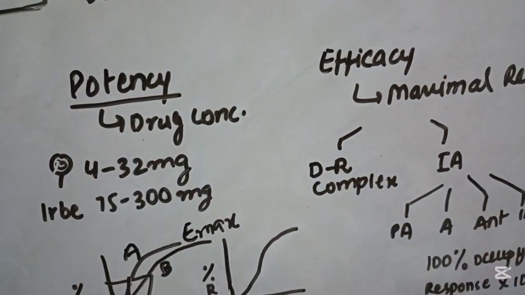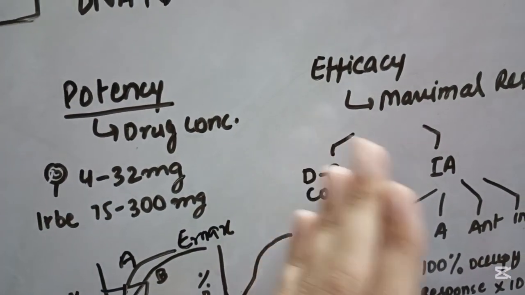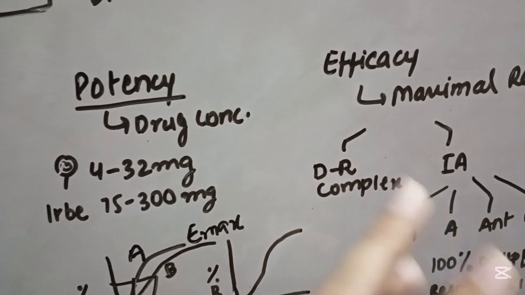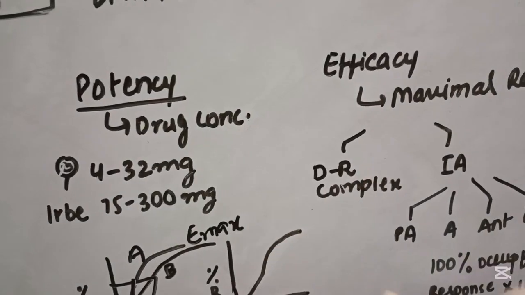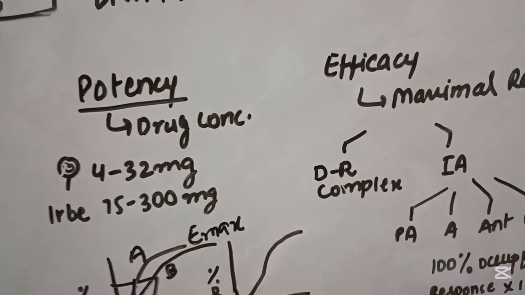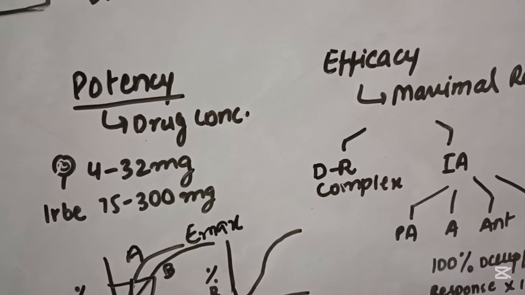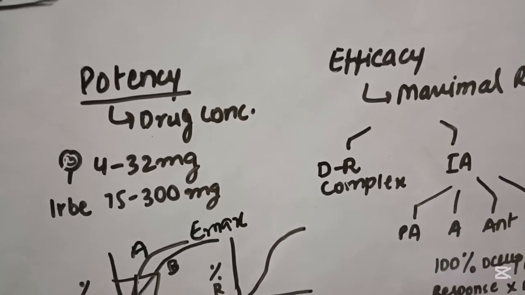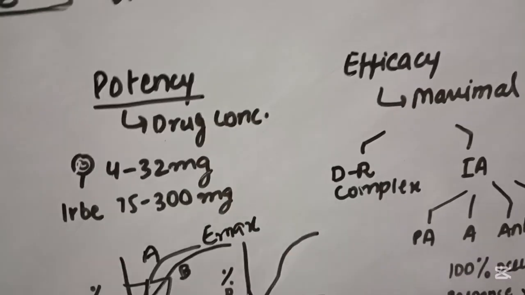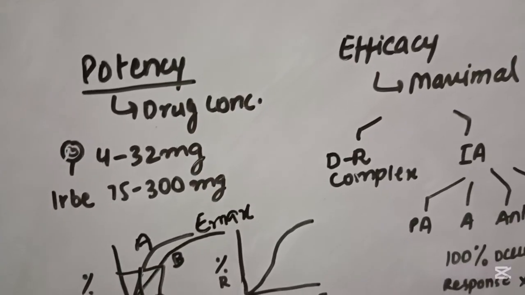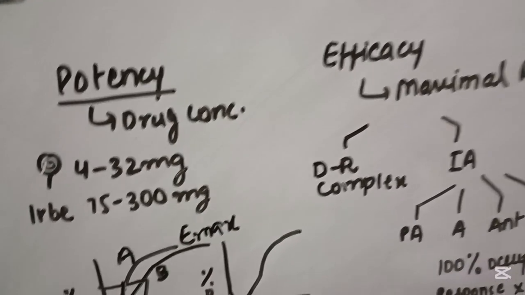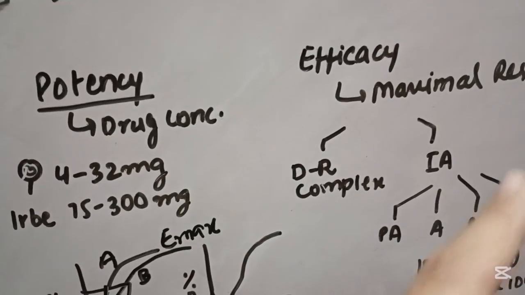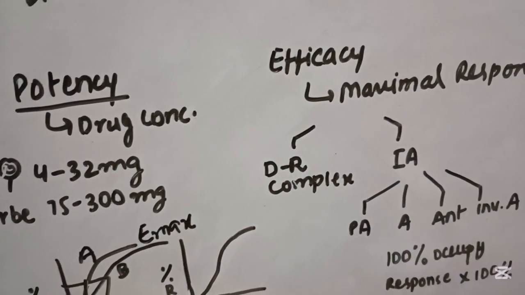But why, if the partial agonist binds, is the response 70%, and when the full agonist binds, the response is 100%? In both cases the receptor drug complexes are formed, and suppose there is 100% formation of the complexes, but why is the response 70% in the case of partial agonist and 100% in the case of full agonist? That's the intrinsic activity.